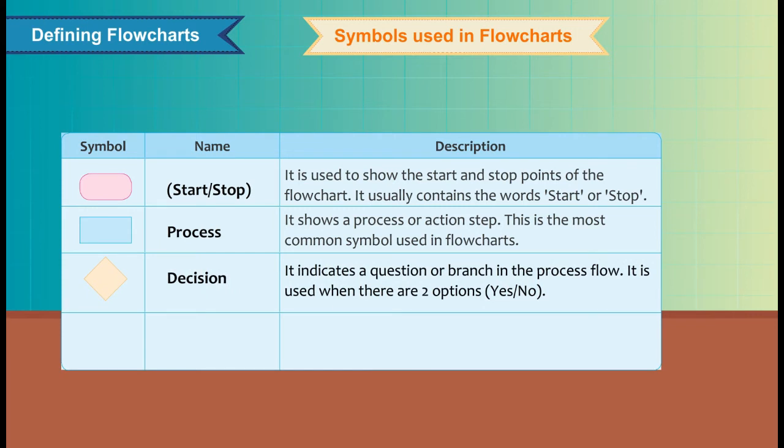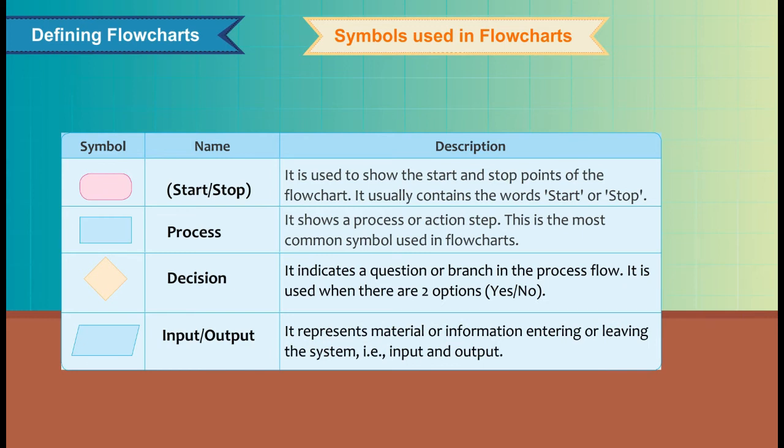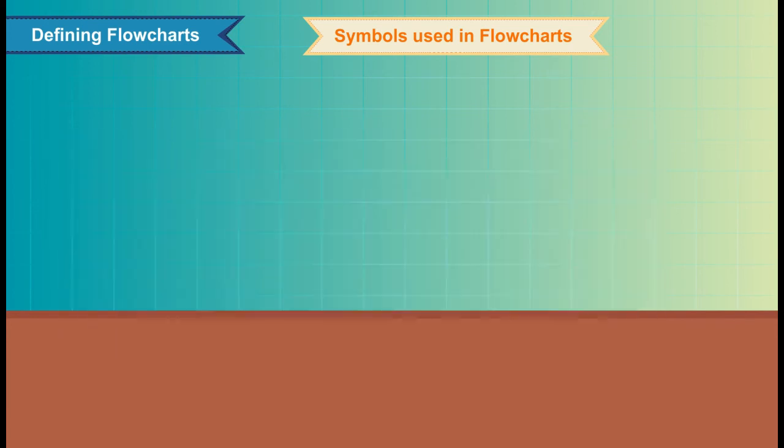Decision: it indicates a question or branch in the process flow. It is used when there are two options, yes or no. Input or output: it requires material or information entering or leaving the system, that is input and output.